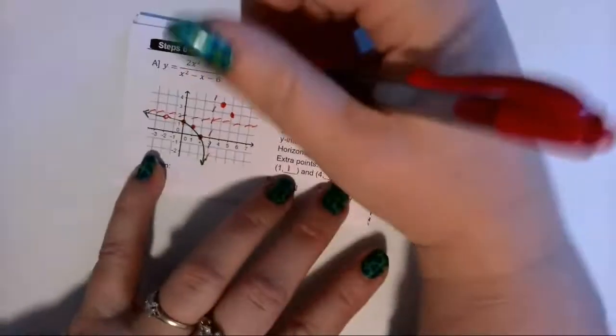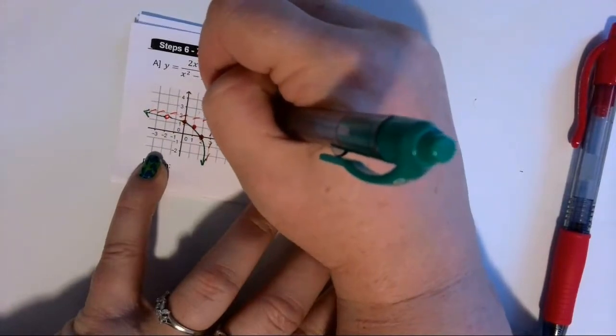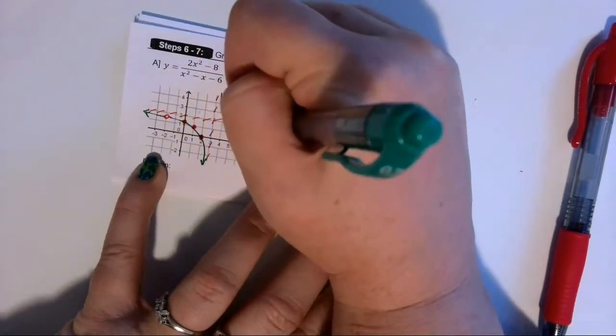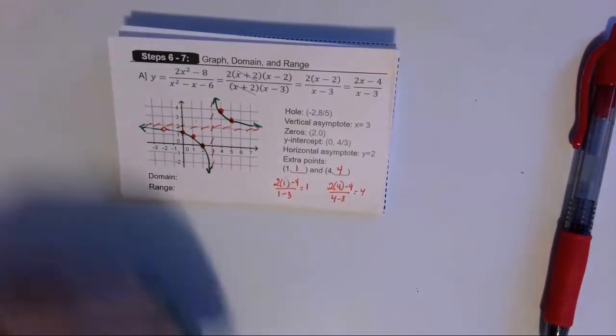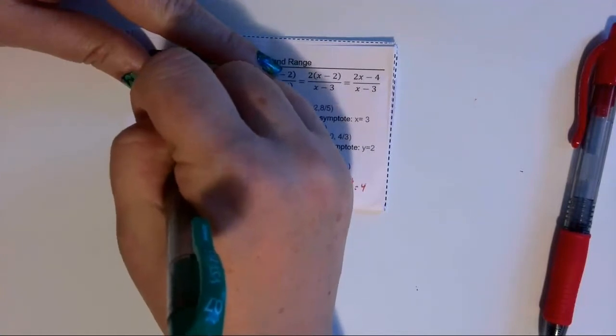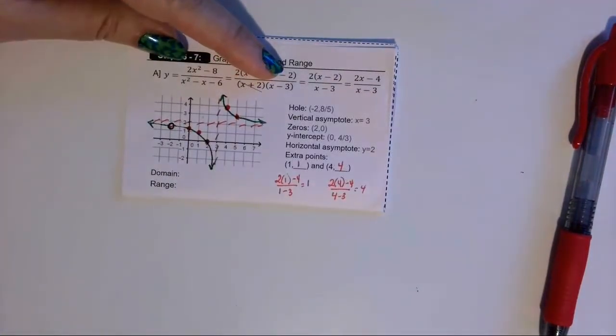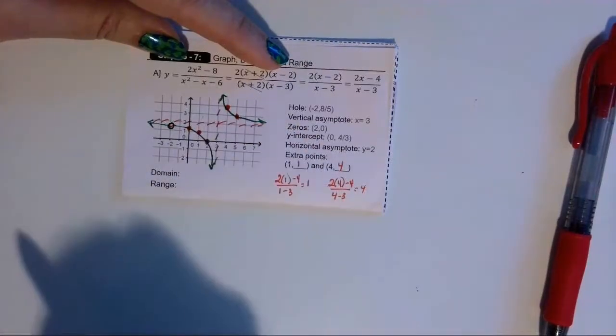Okay, and then I can see my curve is going to approach these asymptotes and bend through those anchor points. So that would be a sketch where I have a hole here at (-2, 8/5), my vertical and horizontal asymptotes at x equals 3 and y equals 2.